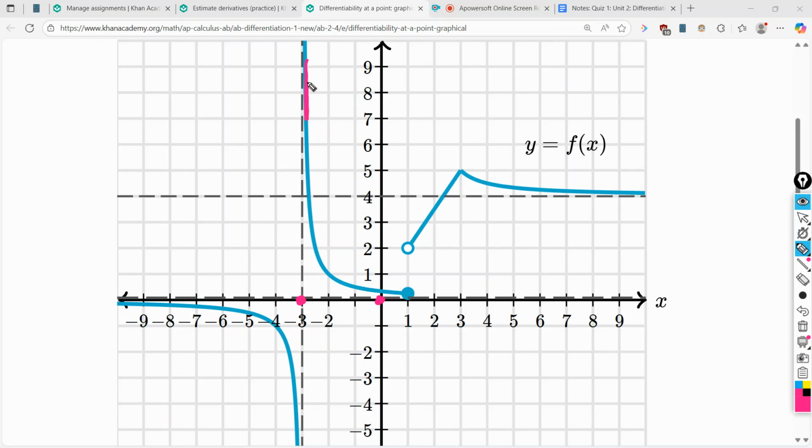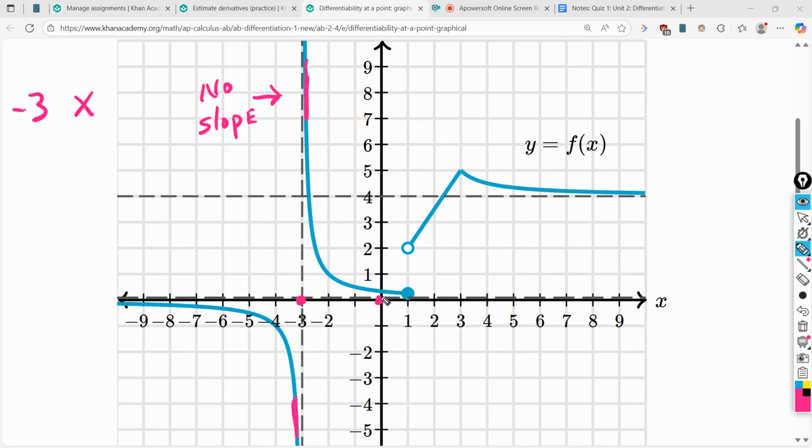And the graph is vertical, just like on the last problem. We said when it's vertical like that, that's no slope. Also it has an asymptote.